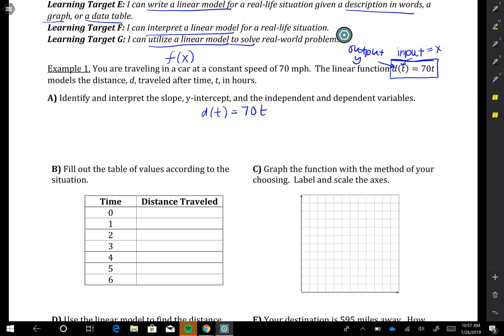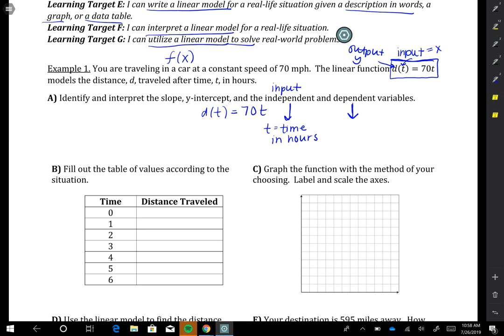So I'm actually going to start with the independent and dependent variables because I just was talking about input and output. So independent variable, that is our input variable, which is usually represented by x in our general function form. But in this case, our input in the situation is t, which represents the time in hours.